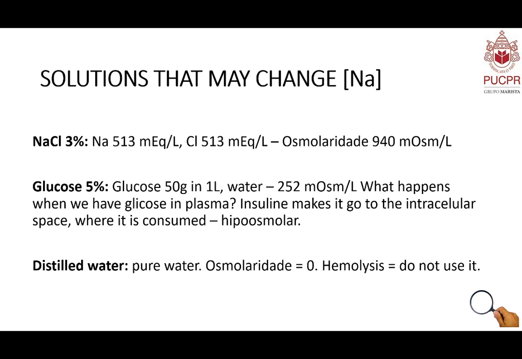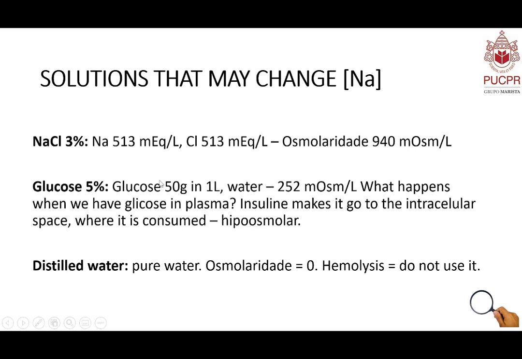So in a few minutes or hours, your glucose has all gone, and the only thing that you have really given the patient is water. So it is a hypoosmolar solution, but that you give slowly, and that also turns into a hypoosmolar solution slowly, because the glucose takes time to go inside the cell.